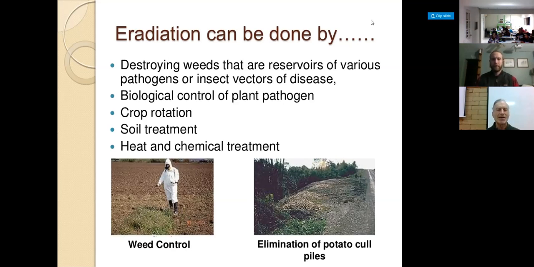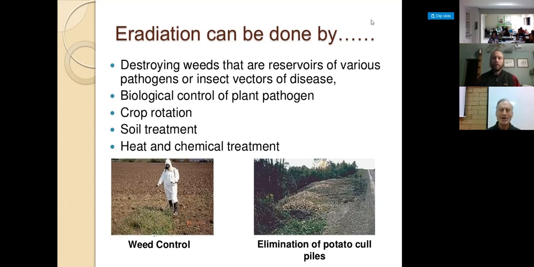Soil treatment, we'll talk about that in a minute. Heat and chemical treatments. So here's a picture of somebody doing weed control. Potato cull piles. Do you know what a cull pile is? When you're harvesting your crops, if some of the harvest is not good enough to sell, those are the culls.